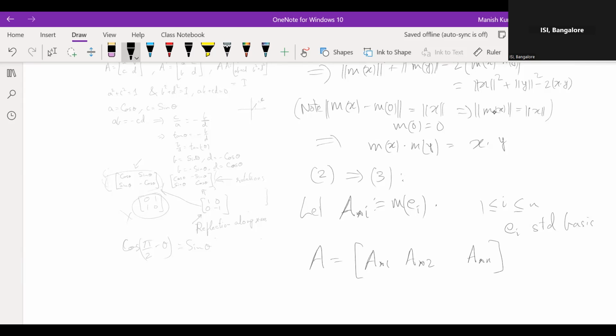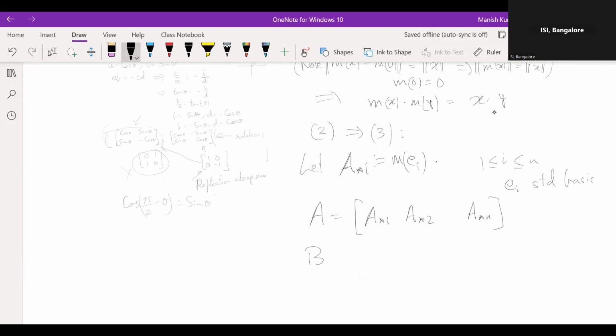So by 2, we know that Mei dot Mej is the same as ei dot ej, which is the same as delta ij.